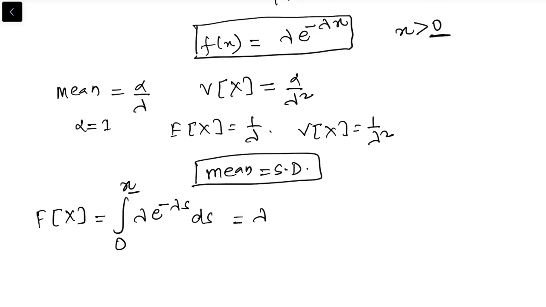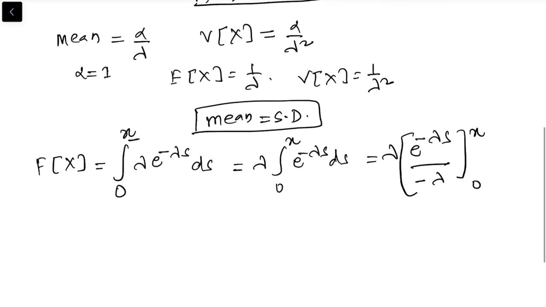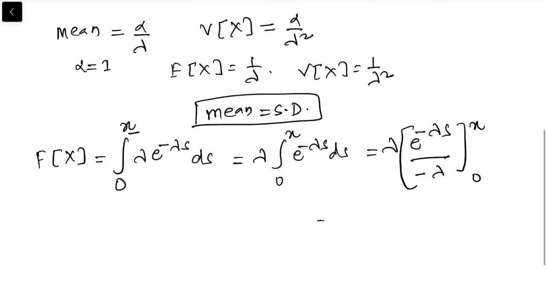Lambda we can take out of the integration. So this is lambda times the integral from 0 to x of e to the power minus lambda s ds, and the integration gives e to the power minus lambda s divided by minus lambda, from 0 to x. If you solve this, you get 1 minus e to the power minus lambda x, where x is greater than 0. So this is the CDF.